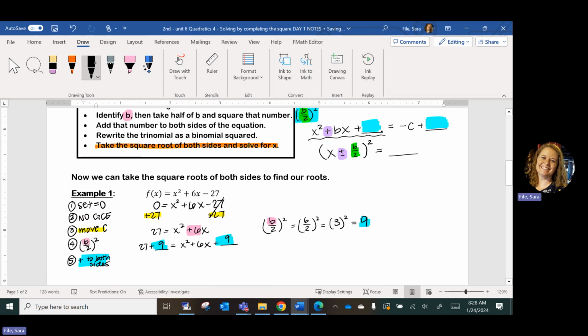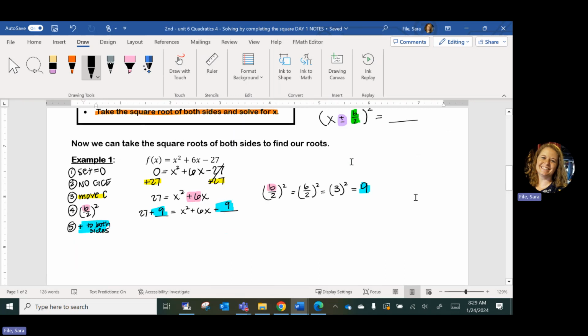So far, so good? Trying to keep it labeled and color-coded for you for the process. Once you add that to both sides, we are now going to rewrite the trinomial as a binomial squared. So this is where I'm going to change this to binomial squared. That's going to be x.